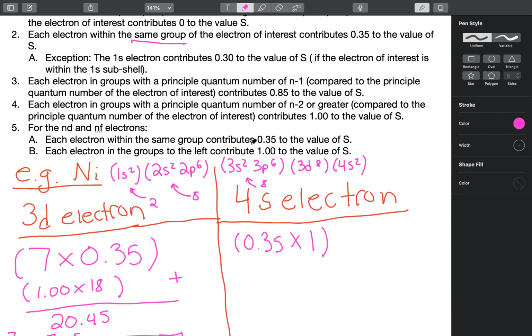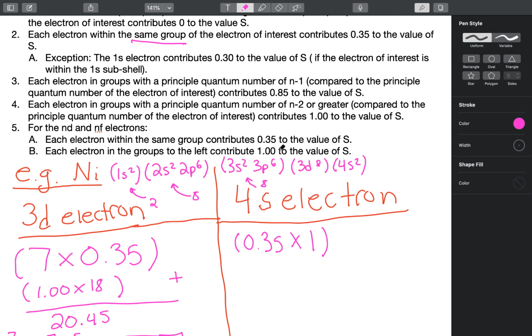So what's the next rule we need to use? Well, the next relevant rule is rule number 3. Rule number 3 states that each electron in groups with a principal quantum number of n-1 compared to that of the principal quantum number contributes 0.85 to the value of S. So in order to calculate this, you just have to look at these two groups, right?